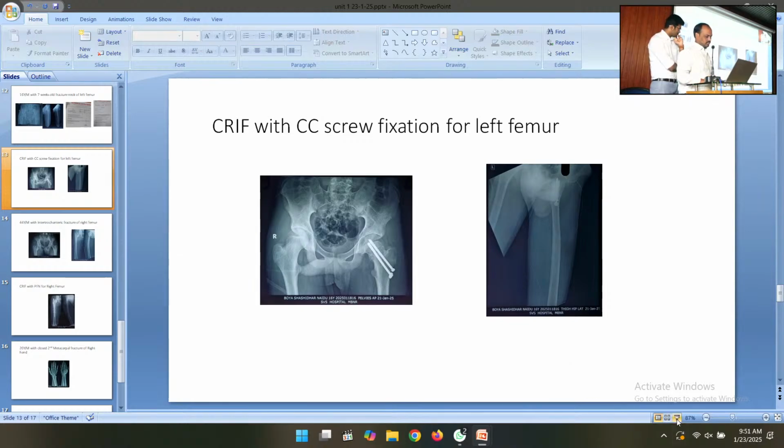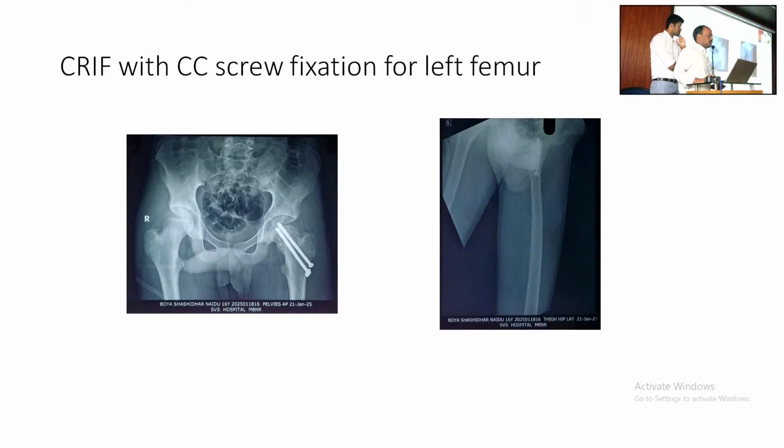So establish a non-union, declare an intracapsular fracture neck of femur a non-union, only after 3 months. After 3 months, by all practical purposes, it is going for non-union. Next. We have done closed reduction internal fixation with CC screw fixation. One screw with a washer.